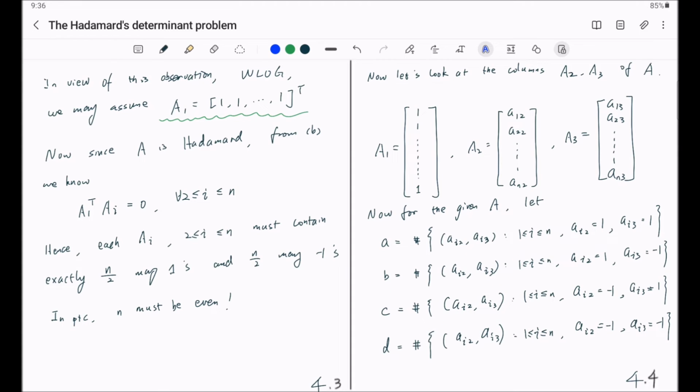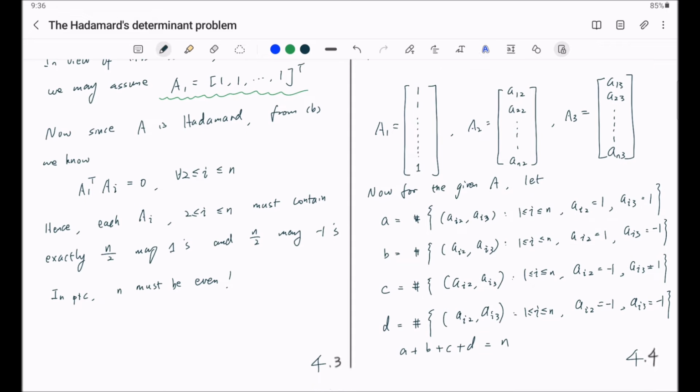So there will be 4 categories. This is a partition of the n-element set. Let us call this equation number 1.